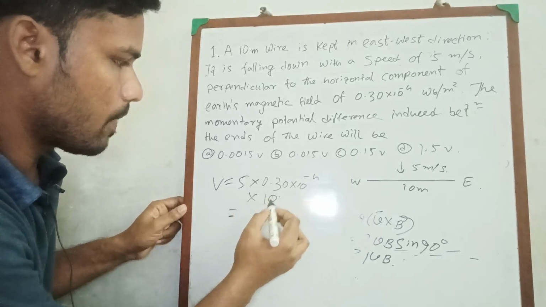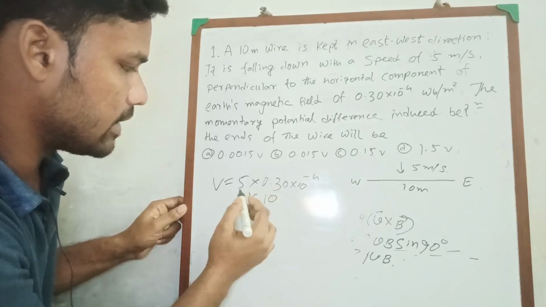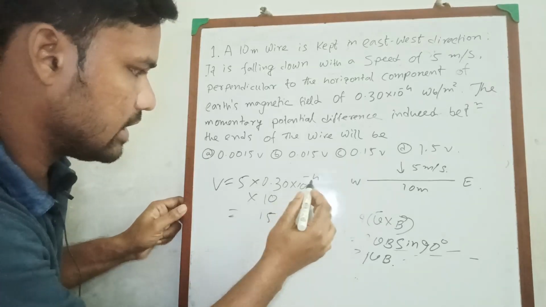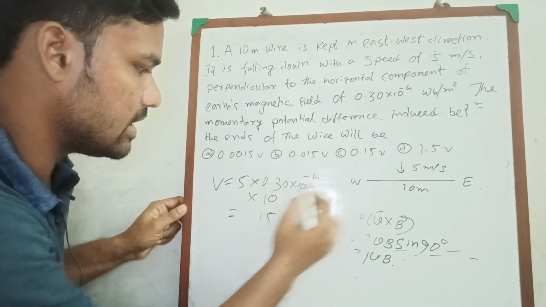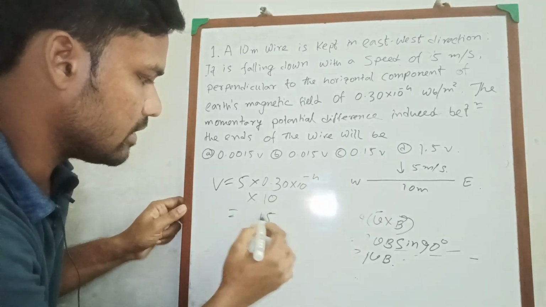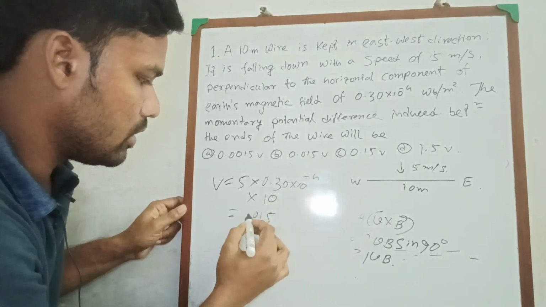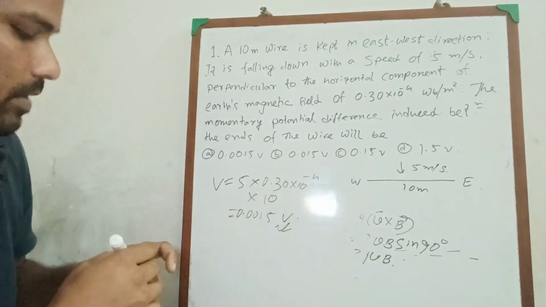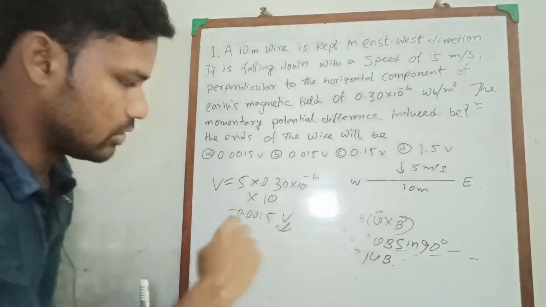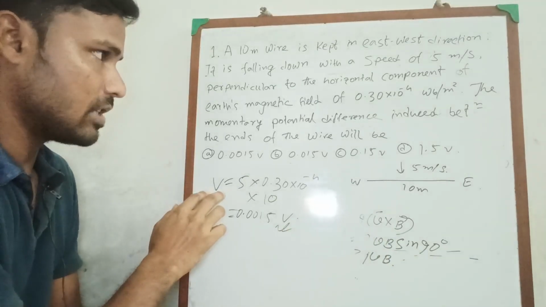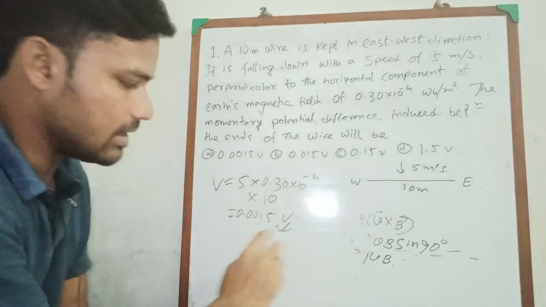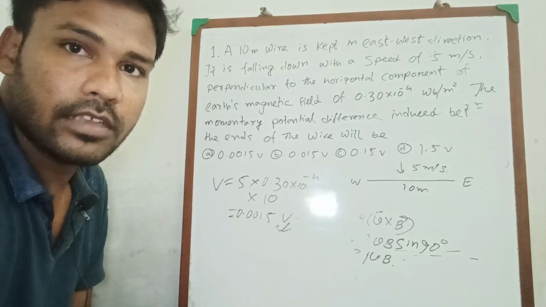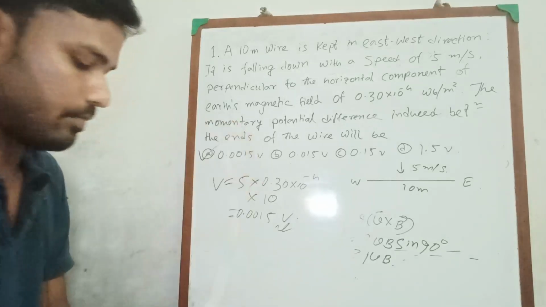Just put it here and calculate: 5 times 3 is 15, and 10 to the power minus 4 and 10 to the power 1 gives 10 to the power minus 3, so the decimal point goes like this, 1 2 3. This is our answer in volts. All are in SI units, so the potential difference will be in volts. So it is 0.0015, that is our answer. So option A is correct.